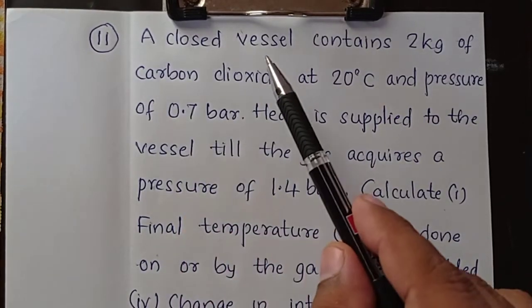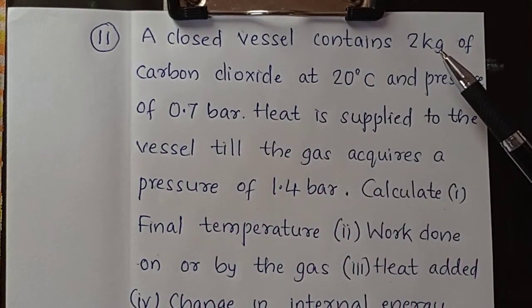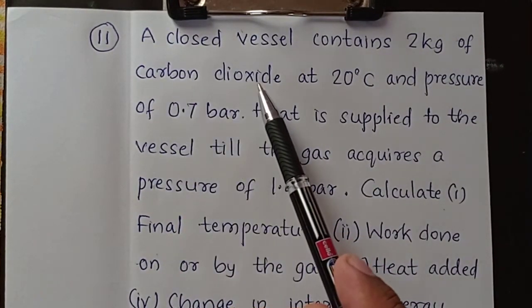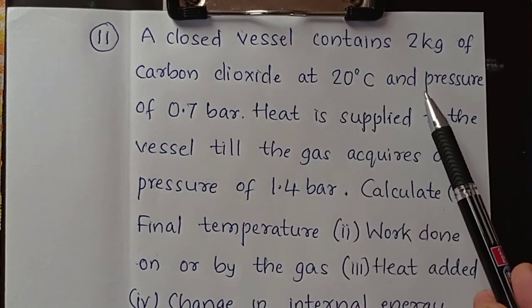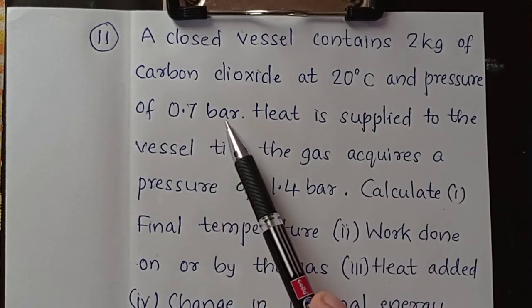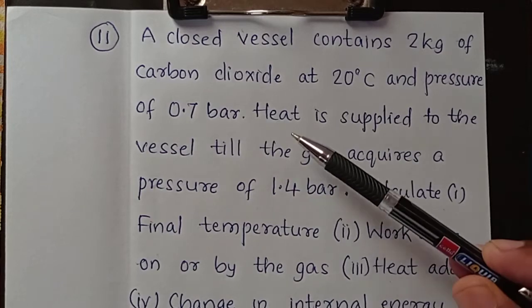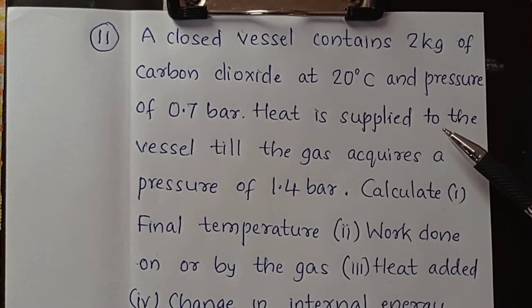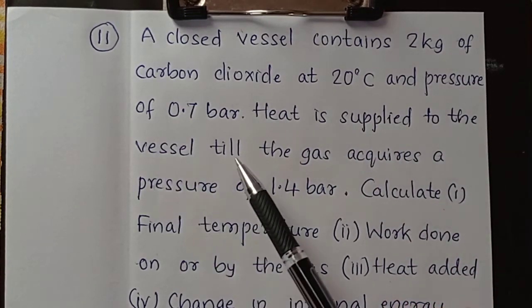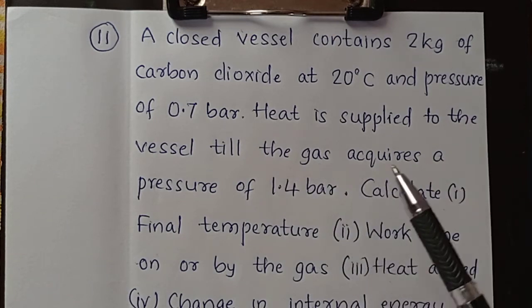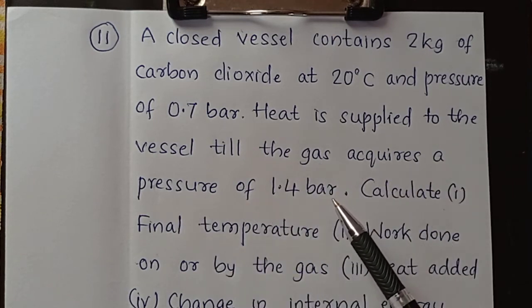A closed vessel contains 2 kg of carbon dioxide at 20 degrees centigrade and a pressure of 0.7 bar. Heat is supplied to the vessel till the gas acquires a pressure of 1.4 bar. Calculate 1.